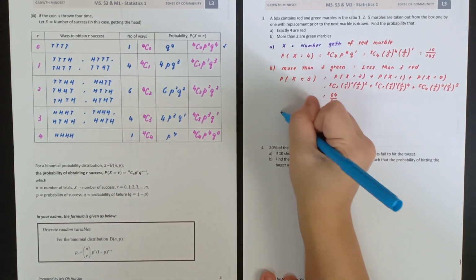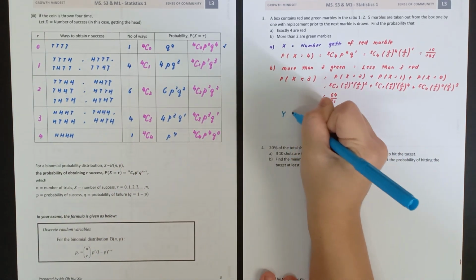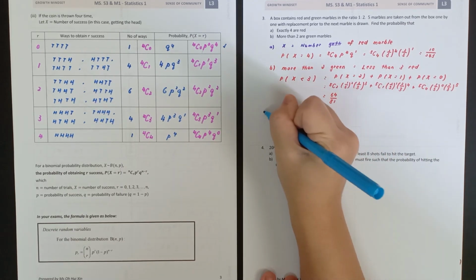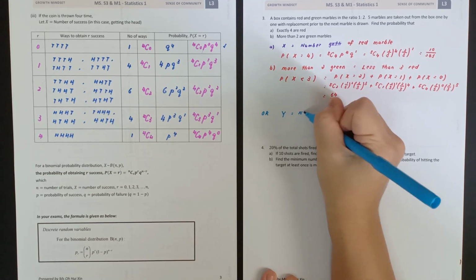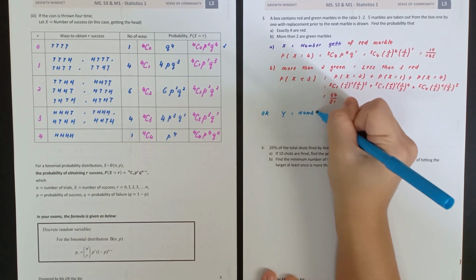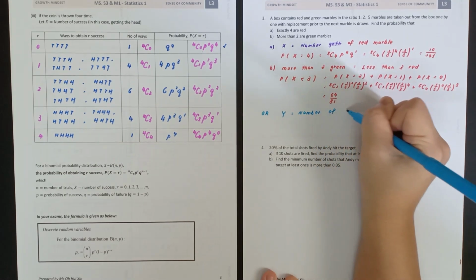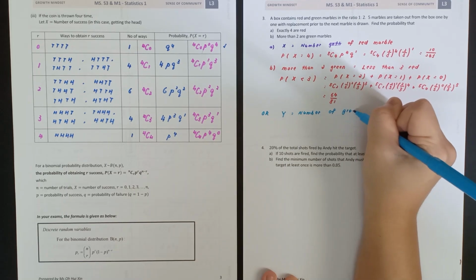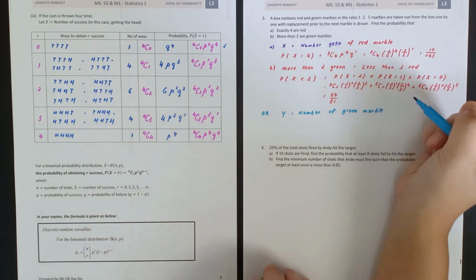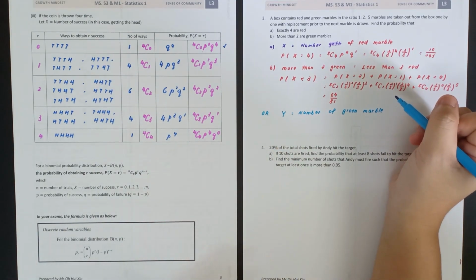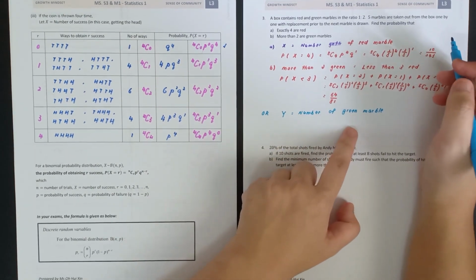So I use a new variable: let Y equal the number of green marbles.